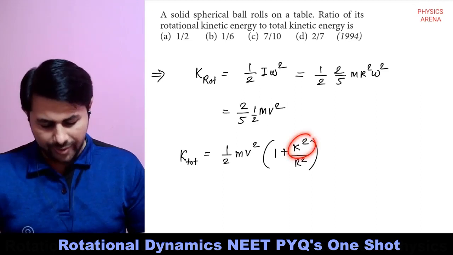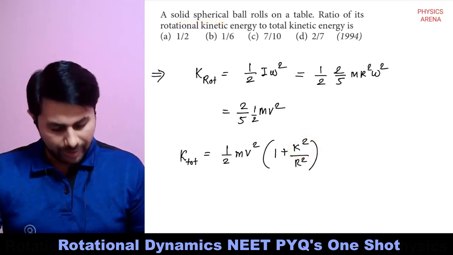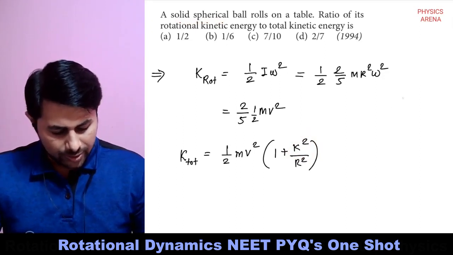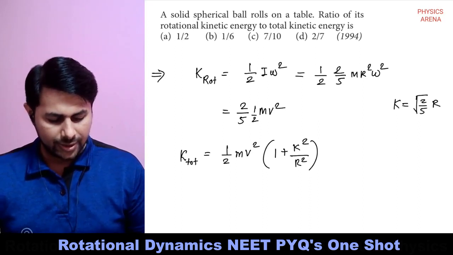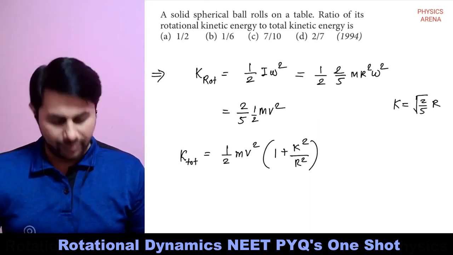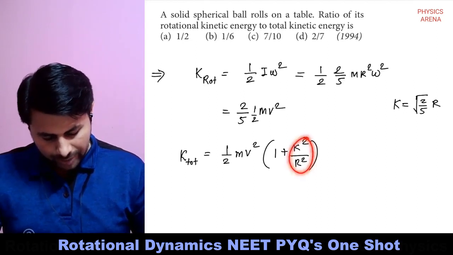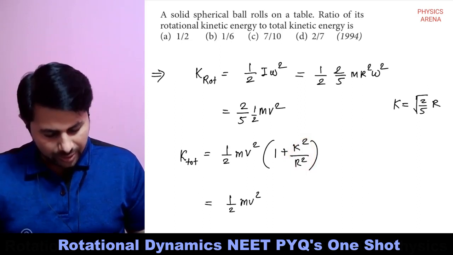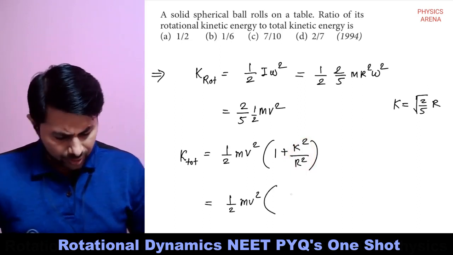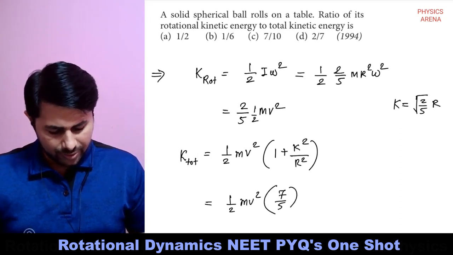So how much is k for a solid spherical ball? It is square root of 2 by 5 r, so k square by r square will be equal to 2 by 5. So you have half mv square multiplied by 1 plus 2 by 5, that is 7 by 5.